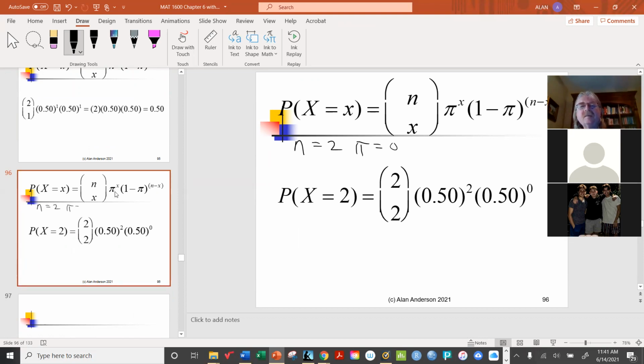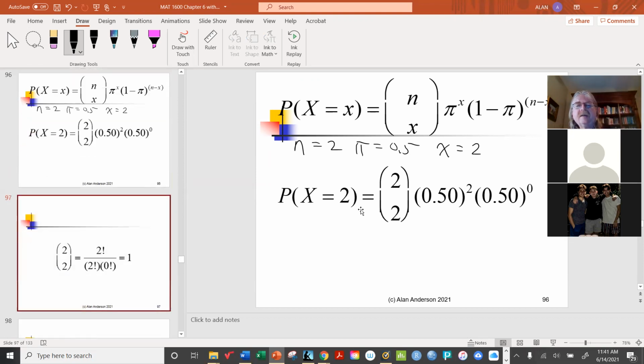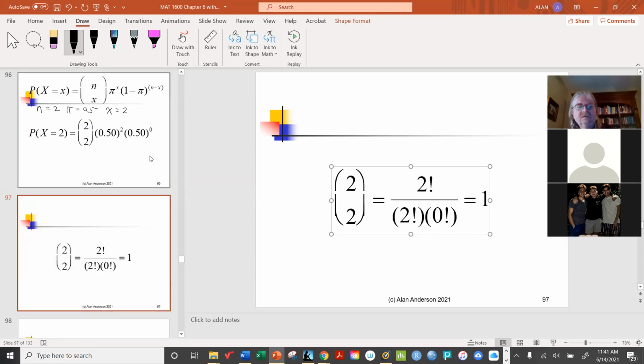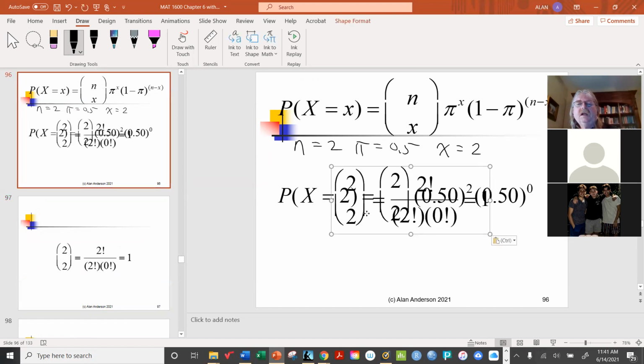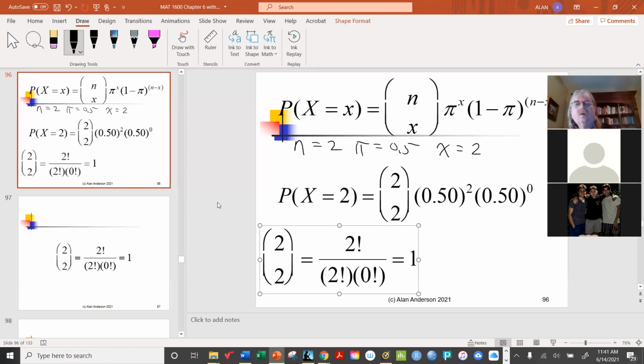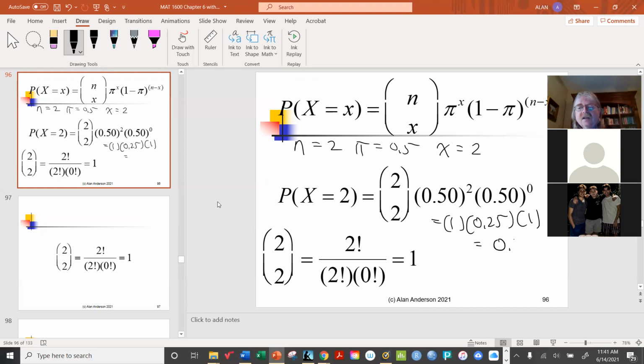Pi is 0.5. But in this case, x is 2. So you plug in all the numbers. Now, let me go grab this formula for you. And you can see that once again, this first term is just a 1. 0.5 squared is 0.25. This last one, we raise it to the 0 power, so it's just 1. And voila, we're done.